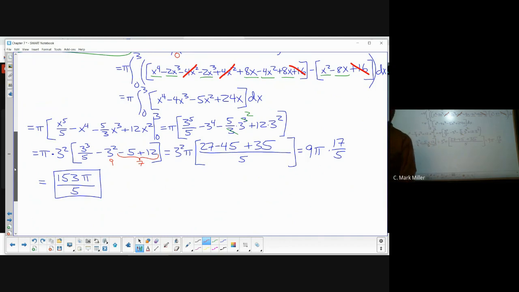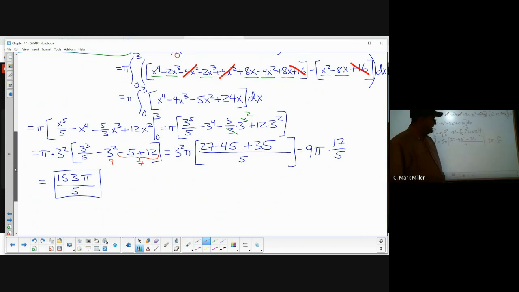Don't expand them, because you're probably going to be able to factor off something like that 9, that 3 squared. And that makes these in here, which are already big enough, 27, 45, 35, a lot easier than those numbers we had before if we would have kept the 3 squared inside. All right?